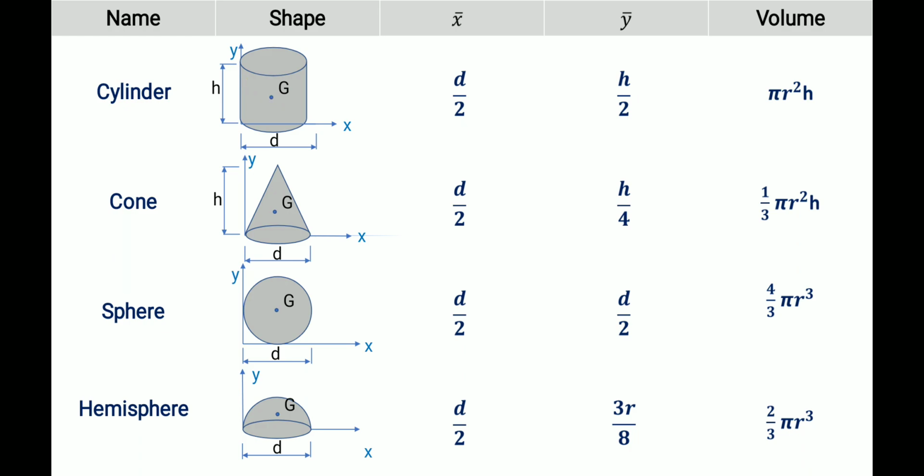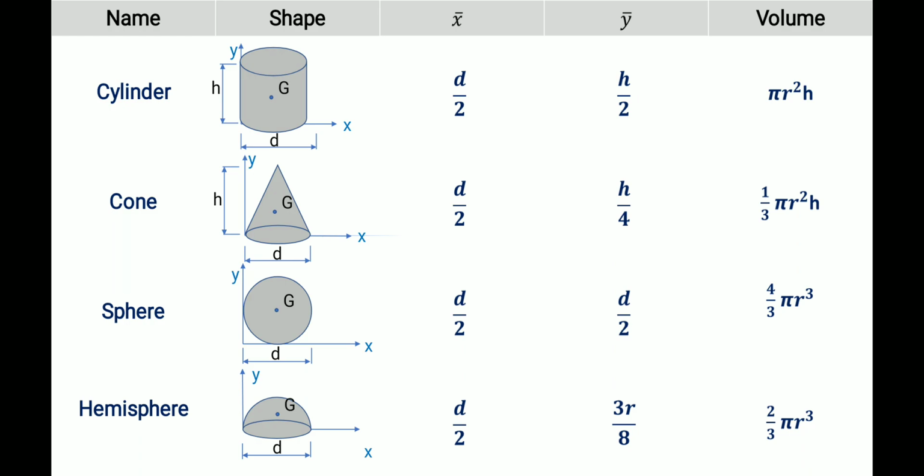And it has height also. The cylinder has a base circle diameter d and height h. For this cylinder, what is x bar? The x bar value is d by 2 and the y bar value is h by 2.